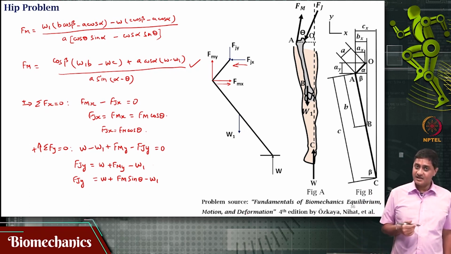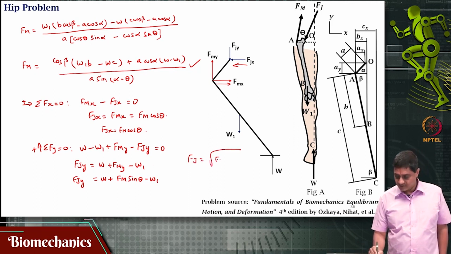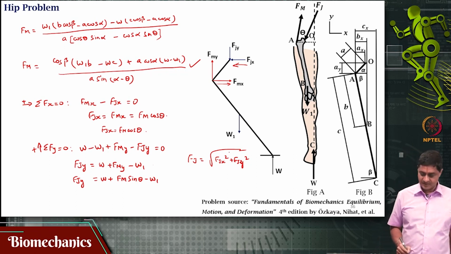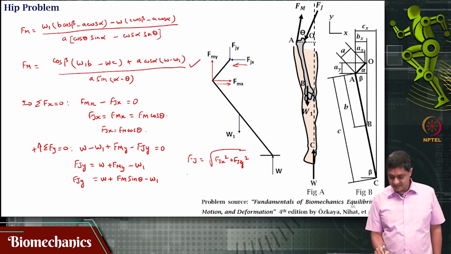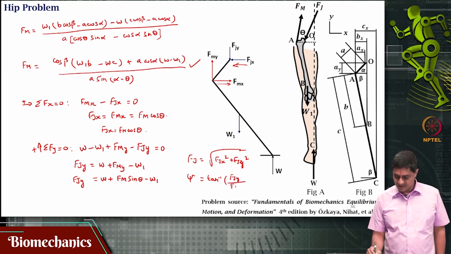What is Fj? Fj itself is square root of Fjx squared plus Fjy squared, is it not? This is the value of Fj, and the direction that it is acting along is some psi, which is tan inverse of Fjy by Fjx.